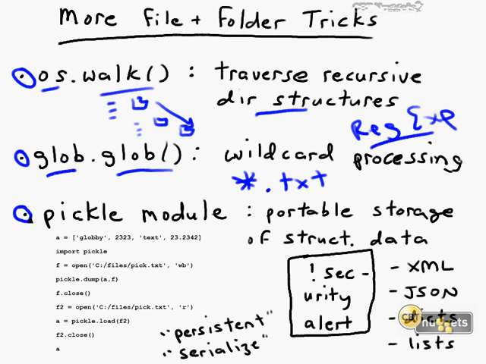Third, you need to understand how to pickle objects in Python. Now, if you hear Pythonistas around the water cooler talking about, well, I'm going to pickle that and send it to you as an email attachment, you're now about to know what that means. Pickle is a built-in module in Python distribution that provides portable storage of structured data. Now, what the heck does that mean?